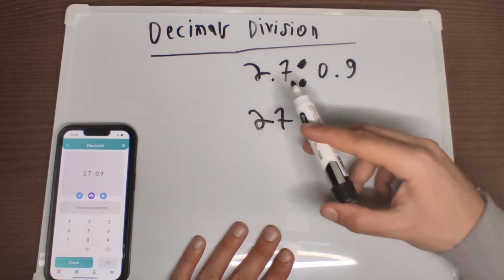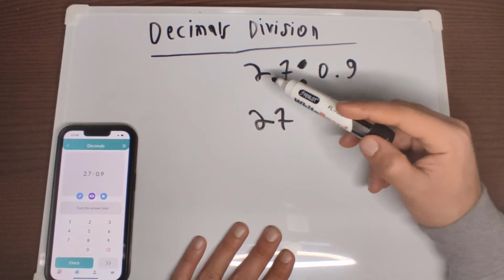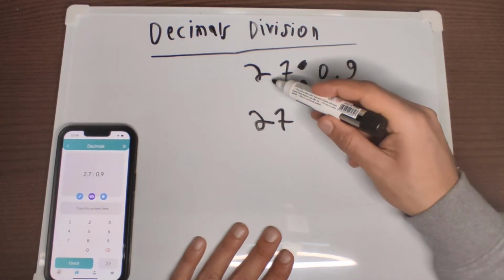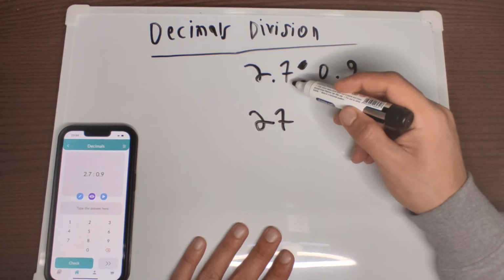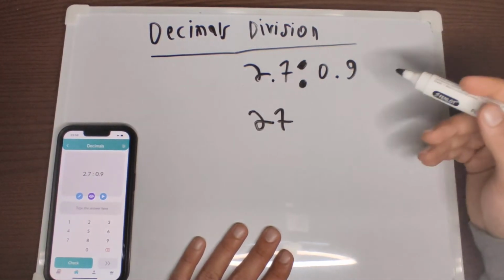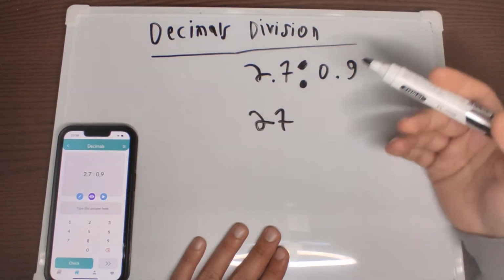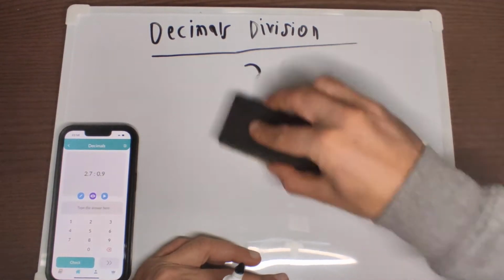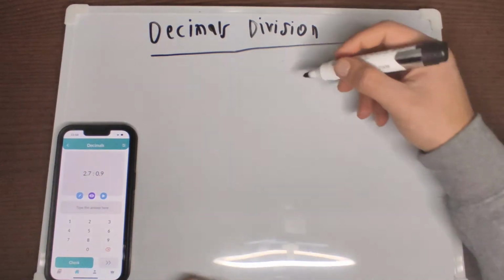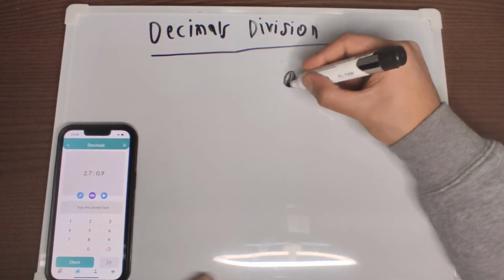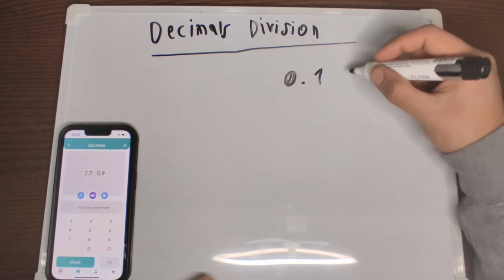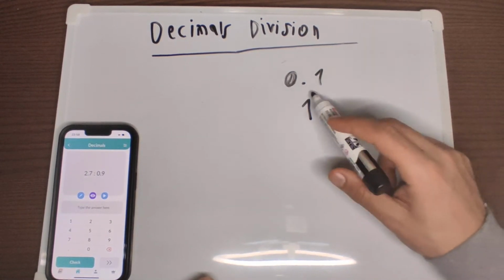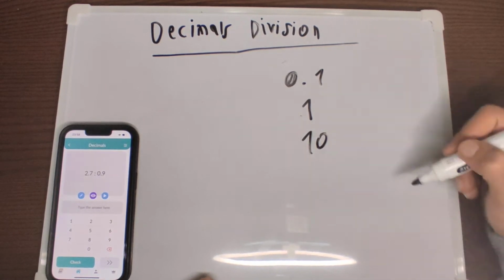When we multiply a decimal number by 10 or by 100, we just need to move the decimal point some places to the left or right side, depending on if we are dividing or multiplying. So let's take a quick look at this before we keep going. 0.1. If we multiply it by 10, it becomes 1. If we multiply 1 by 10, it becomes 10.